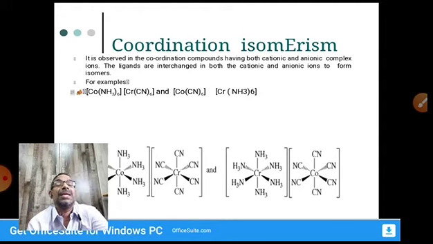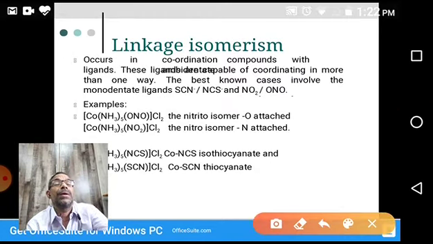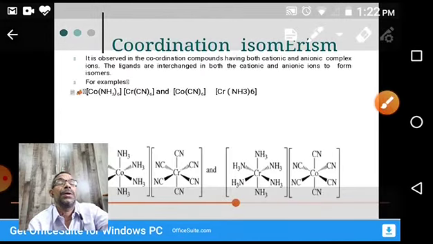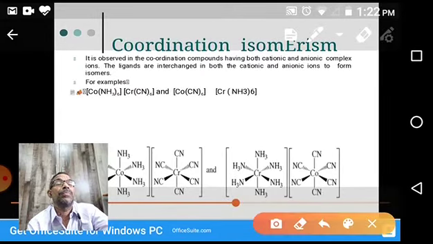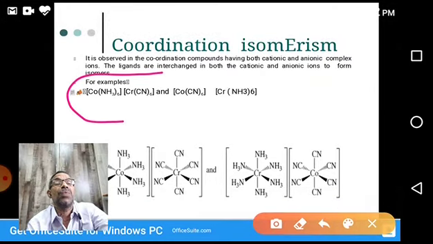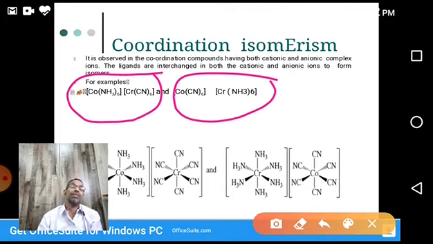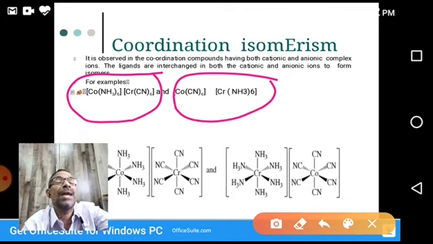You see this example: this is one compound, and this is another isomer. These two different compounds have the same formula. How? In these two compounds we have cobalt and chromium. One cobalt is there, one cobalt is here. In this compound also we have chromium, and here too.